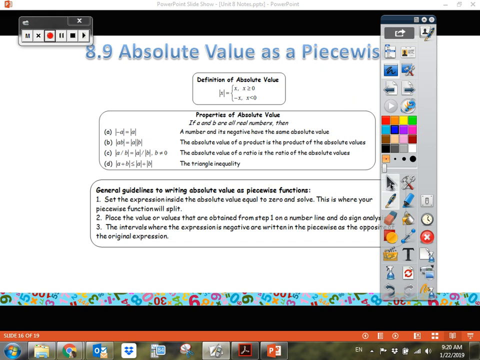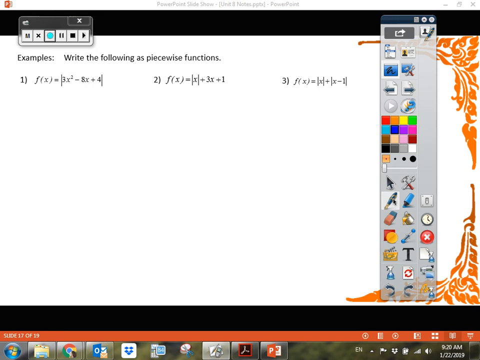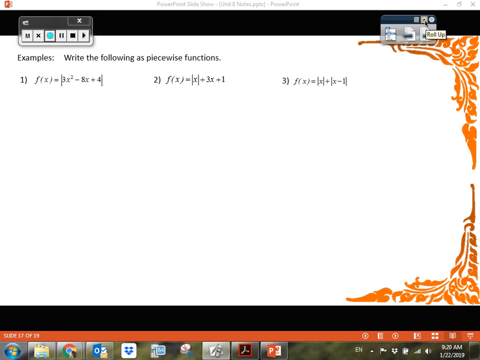There are a few examples that I want to go through. Really, one of each type that you're going to encounter. There are 3 kinds of problems that you're going to be working with. The first kind is just everything is in the absolute value. I think this is the easiest kind, when everything is inside the absolute value. The second type is when we have an absolute value plus some other stuff that's not absolute value.